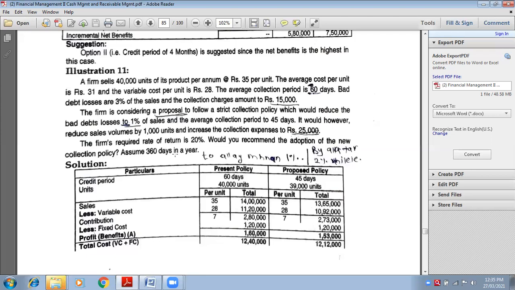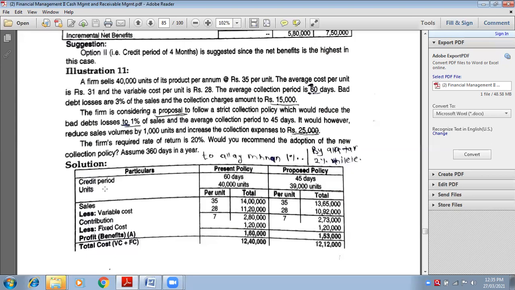Below that, make 3 columns: particulars, present policy, proposed policy. First row: credit period. What is the credit period for the present policy? 60 days. And for the proposed policy? 45 days. 60 days, 45 days.